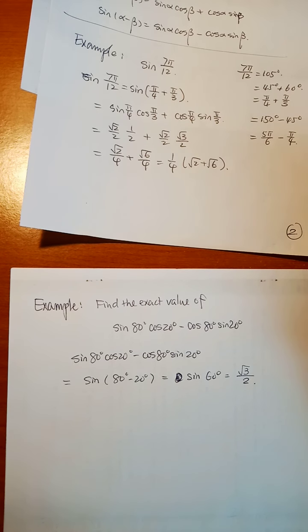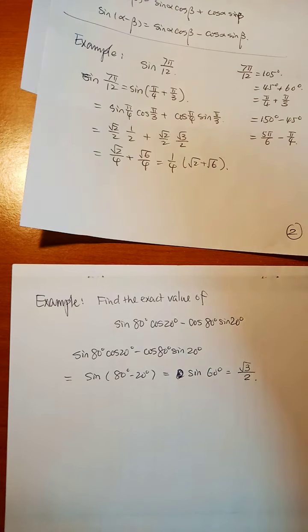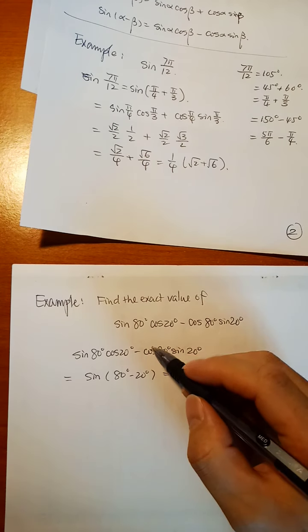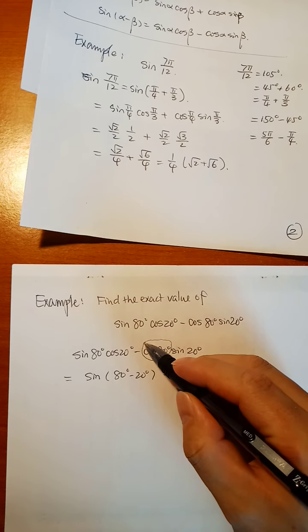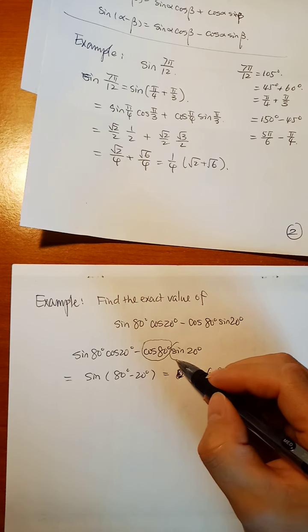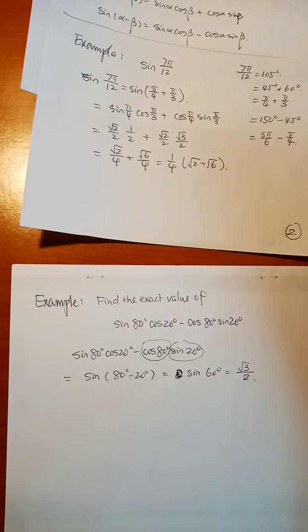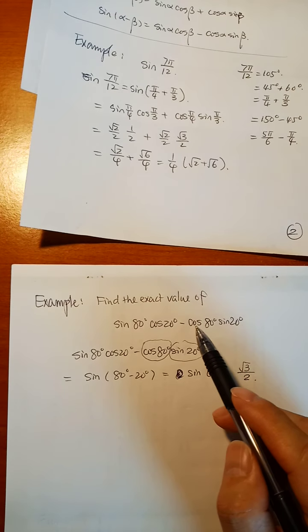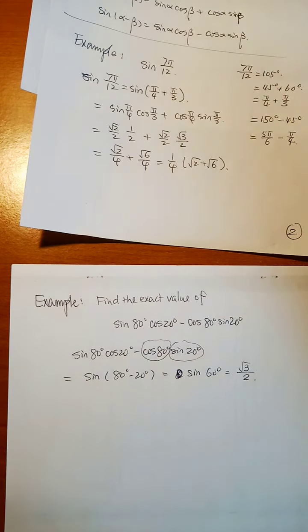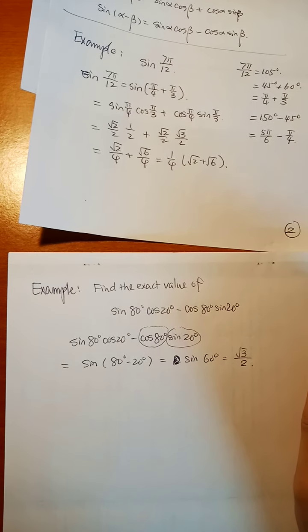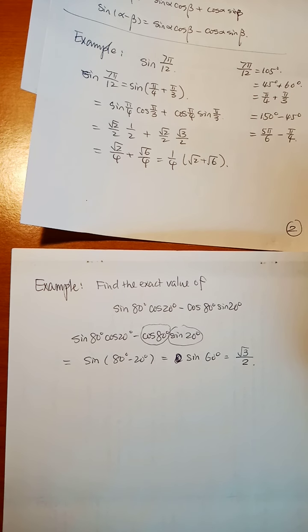So even though we don't know the sine of 80 degrees or cosine of 80 degrees, we don't know the exact value, but this combination, we can use the difference formula for sine to evaluate.